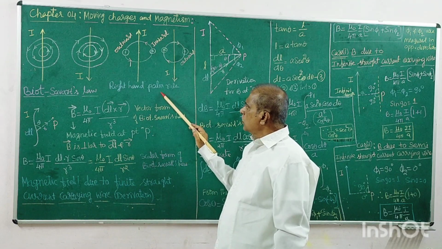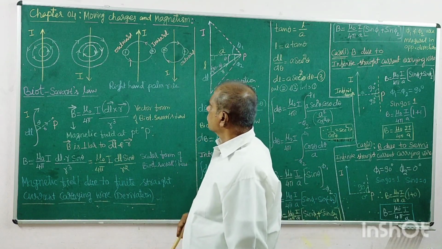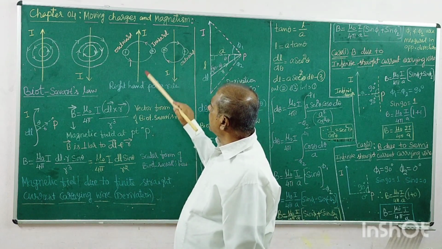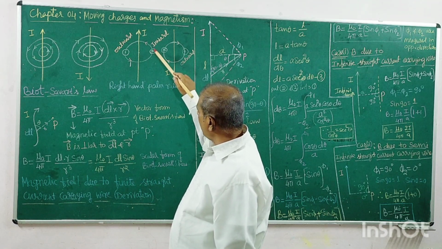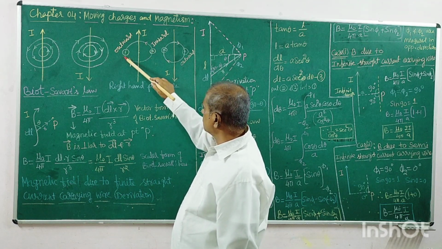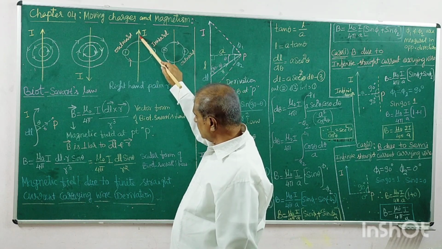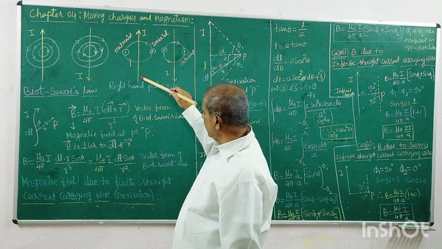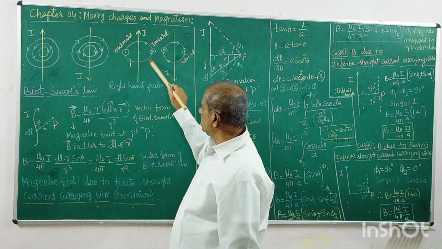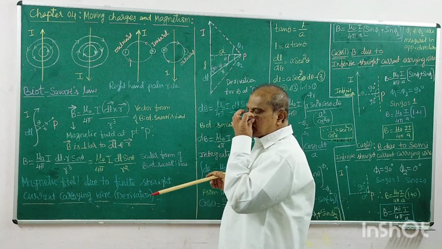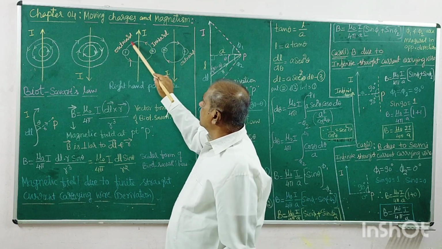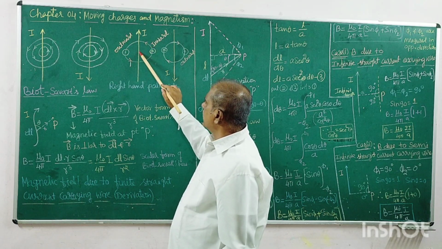The same rule can be applied to find the direction of the magnetic field at any point in the space, the space in which there is a conductor carrying current. Just to understand this, I am taking one concentric circle about this point.